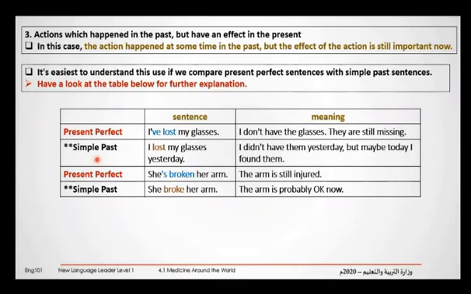If we look at the first situation here, in the present perfect form, I can say this sentence, I've lost my glasses. This sentence means I don't have the glasses. They are still missing. So this is the effect of the action. It is still important now.